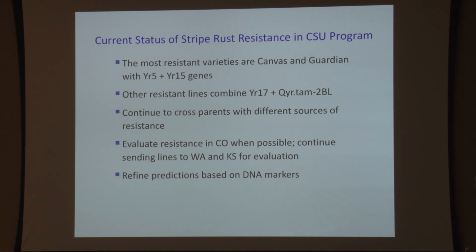He continues to cross parents with different sources of resistance, evaluate resistance here when possible, otherwise using the out-of-state nurseries, and refine predictions based on DNA markers, so that even in years when there's poor rust development here, or in those other states as well, based on DNA marker patterns, you can predict with an accuracy of maybe 0.5 what the resistance level would be.